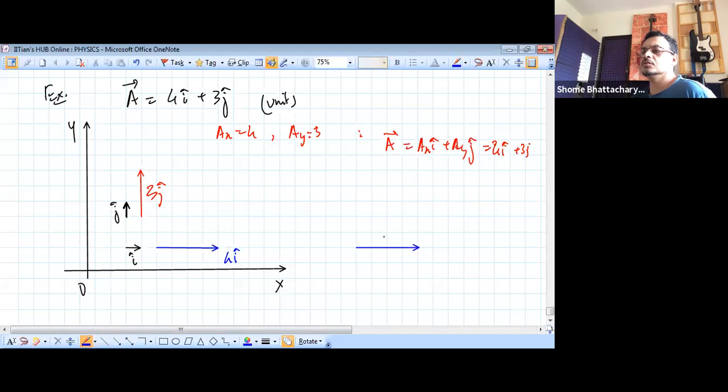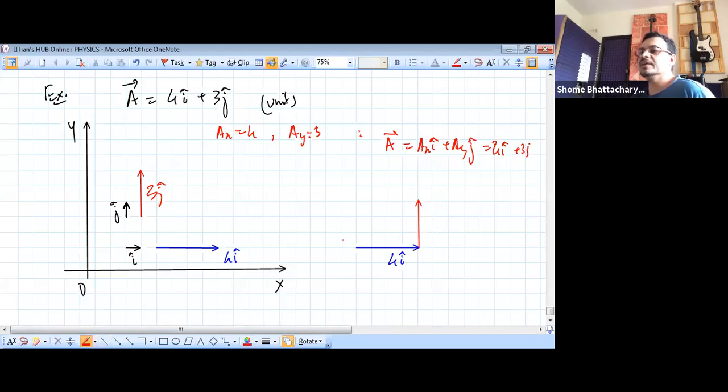Okay. So this is 4 i cap, and then you take the vector 3 j cap, क्योंकि ये वाला vector है. But now you have to add it to this. इन दोनों को sum करना है. So yeah, it is like, from the origin to the coordinate 4, 3. You can also think in terms of coordinate geometry. ये अगर point origin है, तो इसके coordinates क्या है? ये वाले point के 4, 0, और इसके coordinates क्या हो जाएंगे? Because this is 3 j cap, इसके coordinates 4, 3 हो जाएंगे.